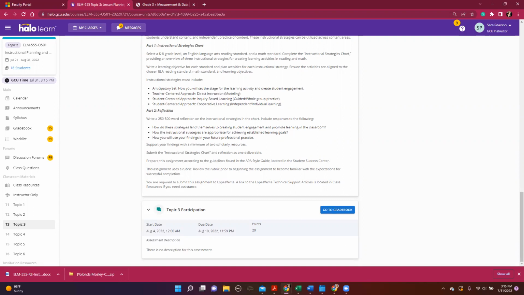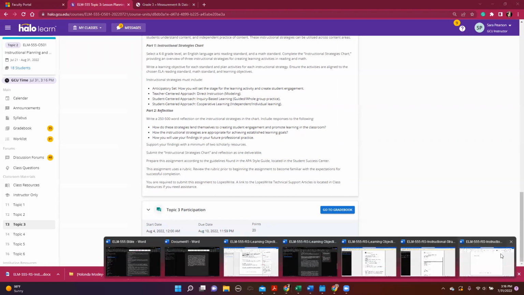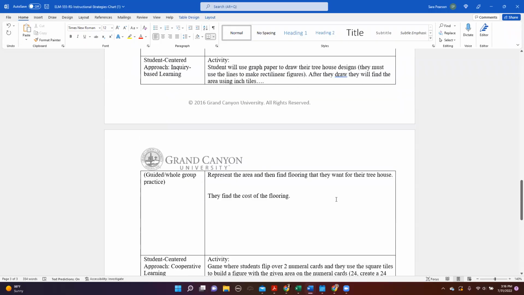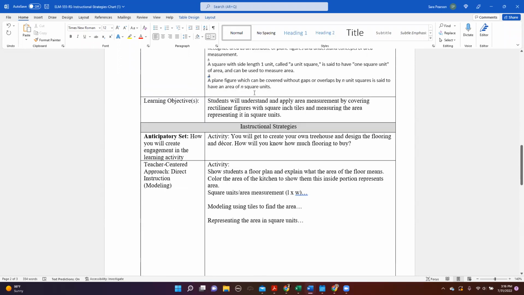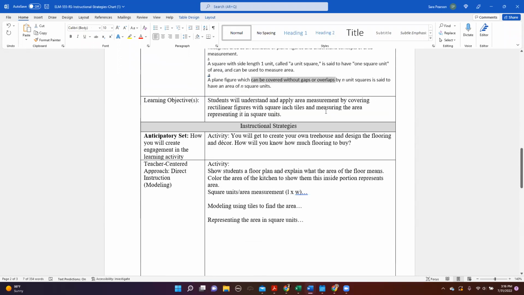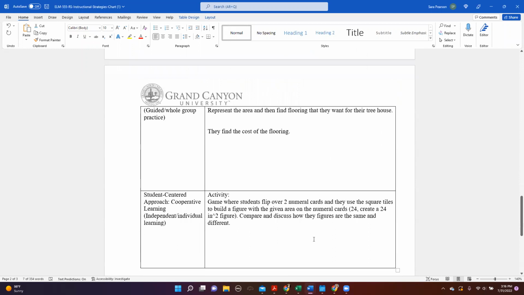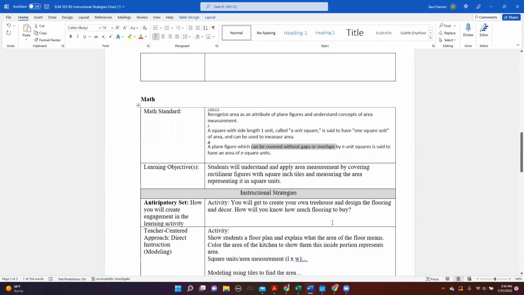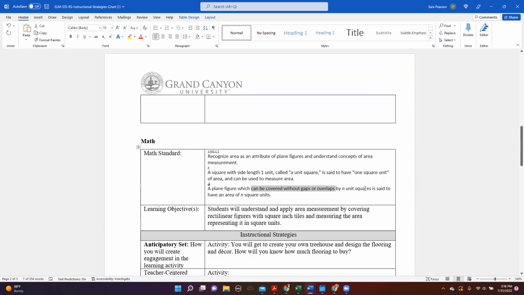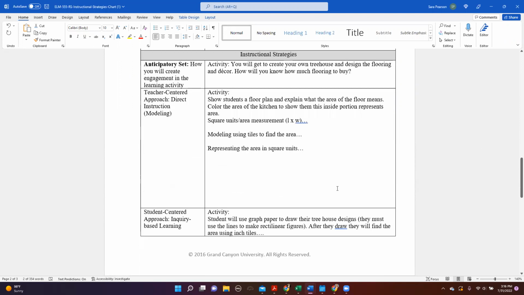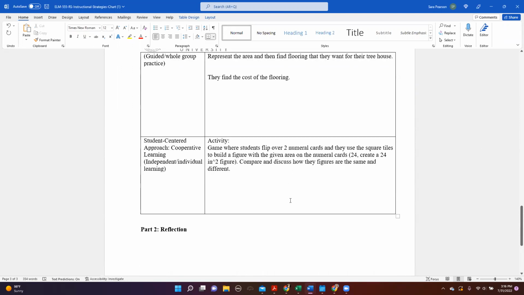And so you heard me talking when I was looking at the chart about how part two of the standard says no gaps or overlaps. And so I can talk about how this activity can help me pull out when they have gaps and overlaps when they're building their figures. Or I can have them look at, are they using unit squares properly, calling it a square unit or representing it properly when they do either one.